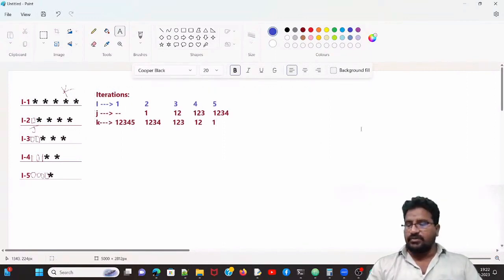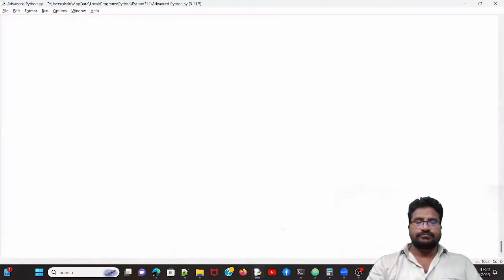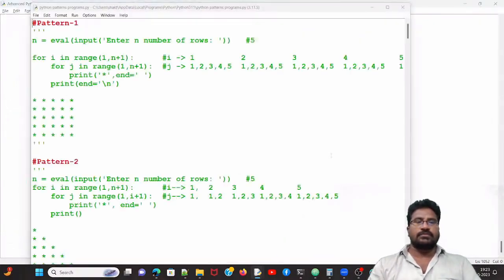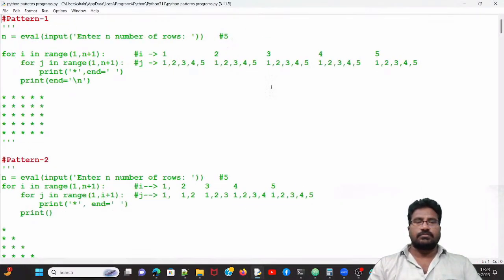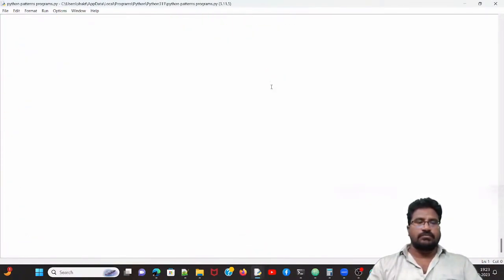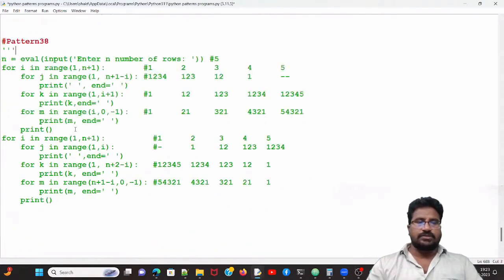Let us try now. I'll open the IDE. This is the last pattern, that is pattern 38.